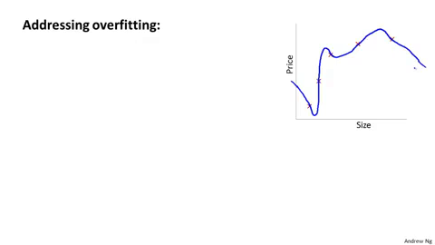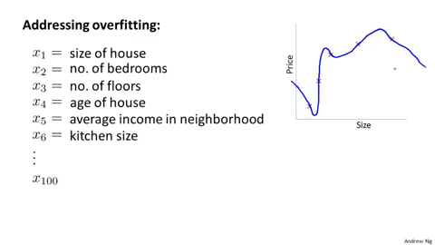So plotting the hypothesis could be one way to try to decide what degree polynomial to use, but that doesn't always work. In fact, more often, we may have learning problems where we just have a lot of features, and it's not just a matter of selecting what degree polynomial.